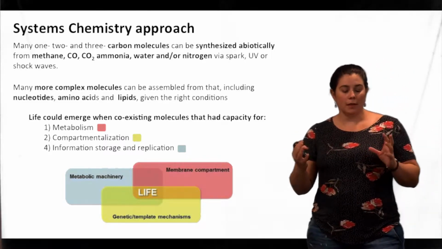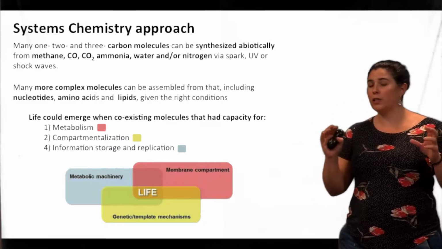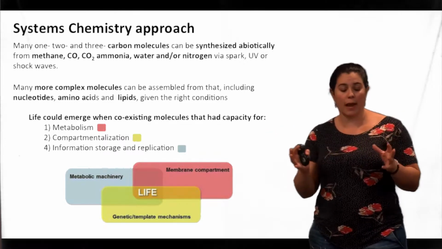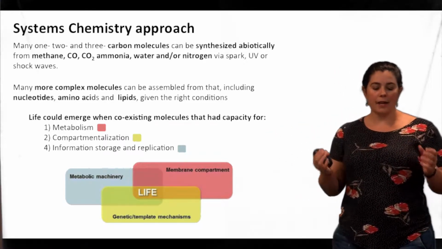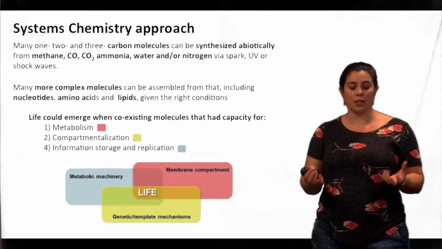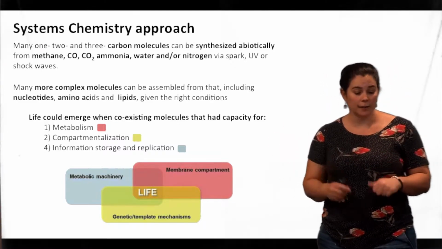So that would be metabolism, where some type of protein or RNA or DNA are also capable of that, compartmentalization in terms of lipids, and information storage and replication in terms of DNA and RNA.